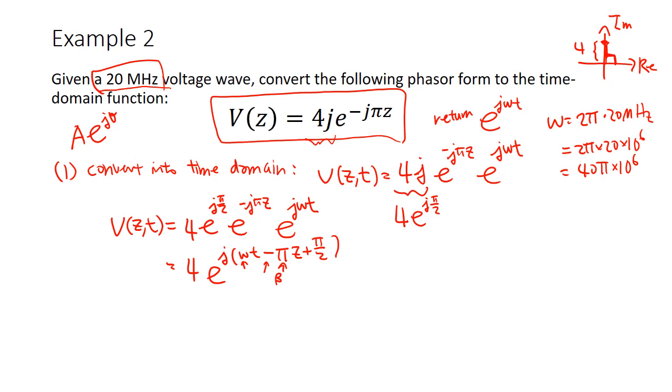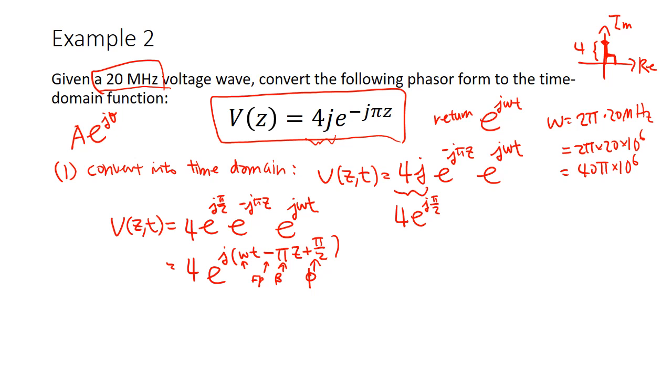The negative means that it's a forward propagating wave. And our pi half, this is just an initial phase term that tells you where the phasor is located at t equals 0. That's not just beta, but beta with this extra phase. So it's just an offset. We don't have to worry too much about it.